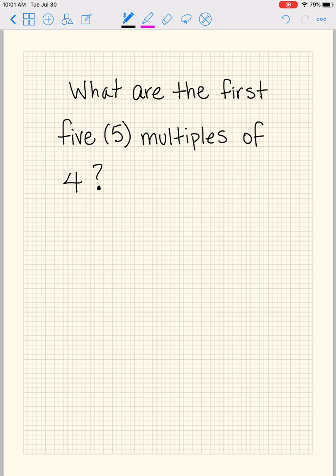So it says, what are the first 5 multiples? So there's that first part, the multiples. So when I see that word multiple, I know that I'm looking for an answer to a multiplication equation.